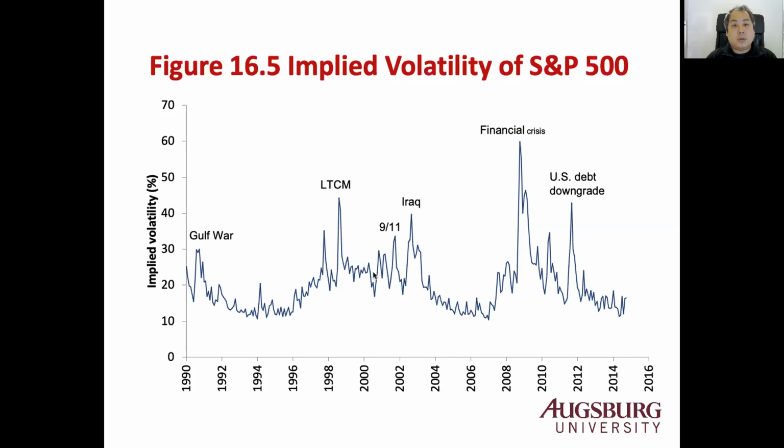This call value is from the Black-Scholes model. The market value of the option is close to the fair value from the Black-Scholes model. So this is one way to find evidence of the validity of the Black-Scholes model too.